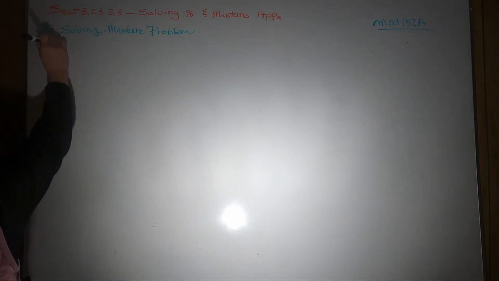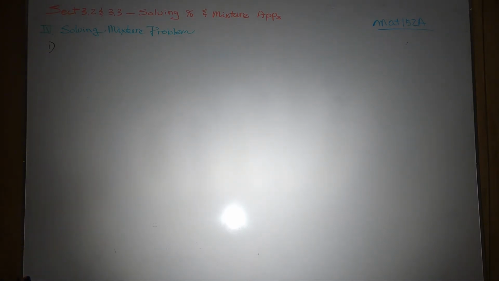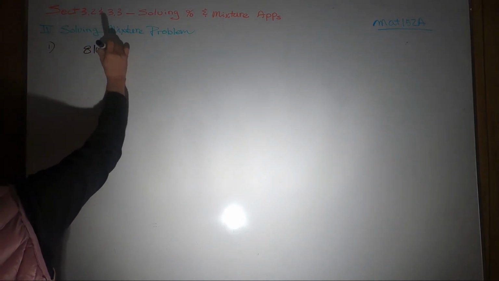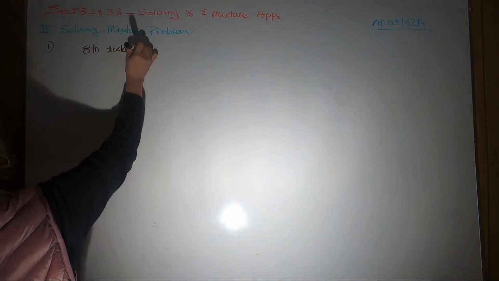Let's do some mixture problems on your page 53. This portion you might get confused on, so let's see how much we can do. First one: Galen sold 810 tickets for his church's carnival for a total of $2,820.